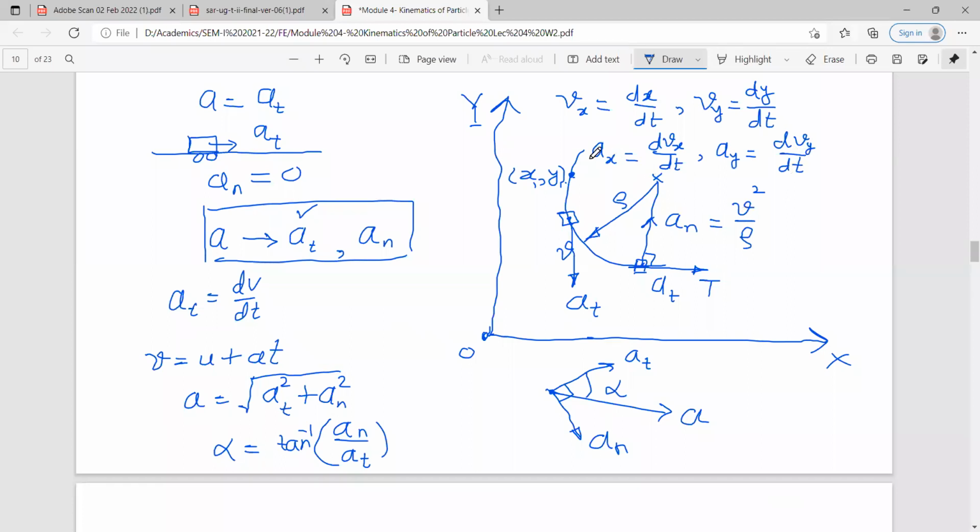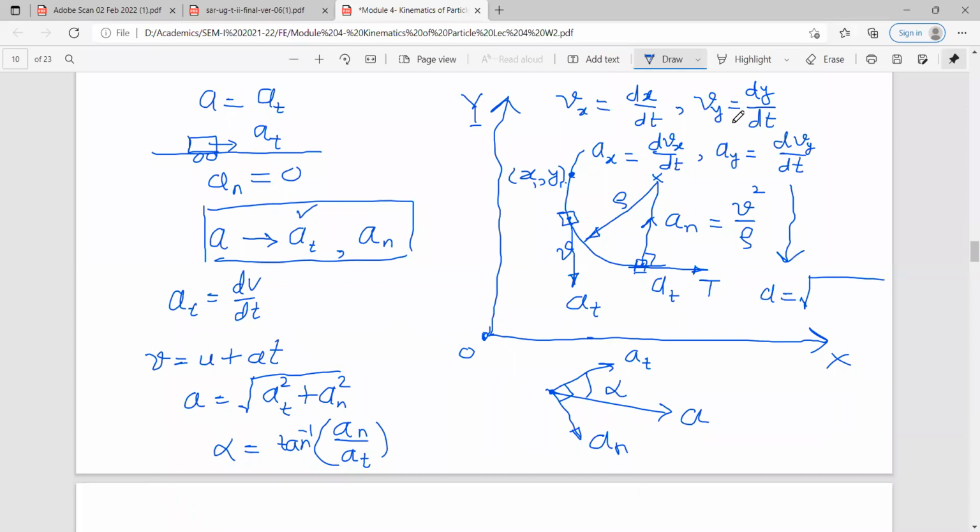And once you know the components ax and ay, you can finally calculate the total acceleration. Total acceleration will be the vector addition.